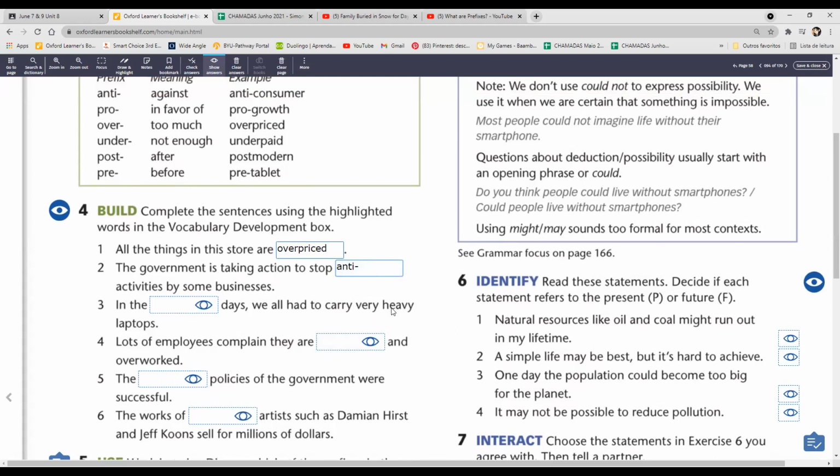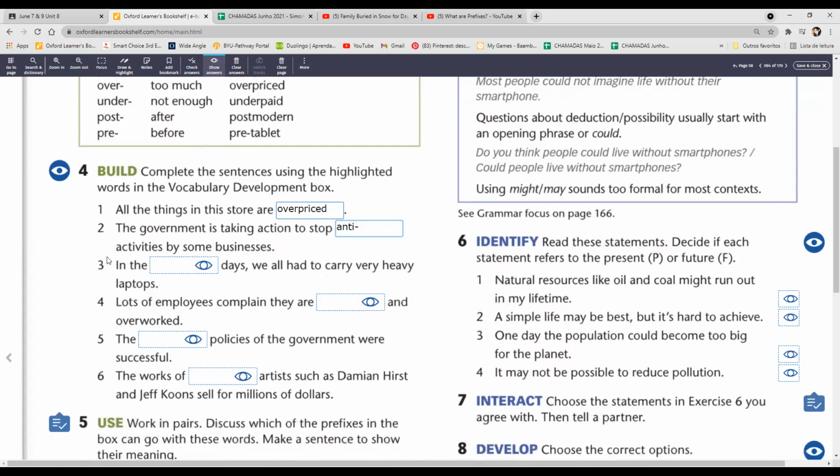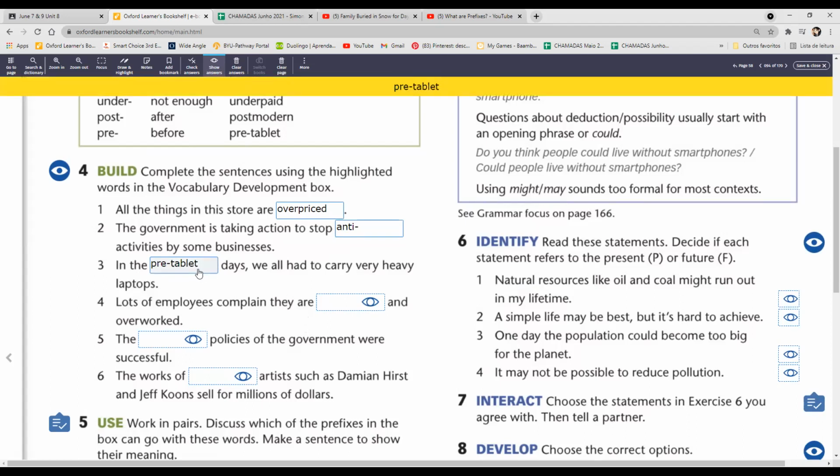So we can say anti-consumer activities by some businesses, all right? Number 3, pre-tablet days. Very good. Very nice.